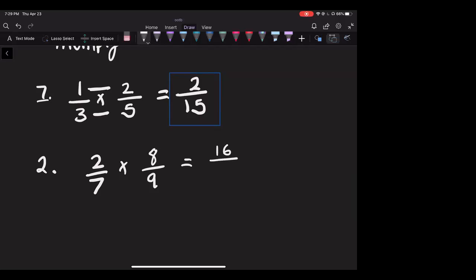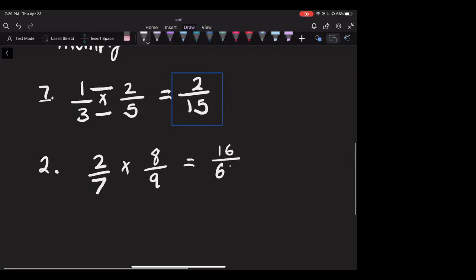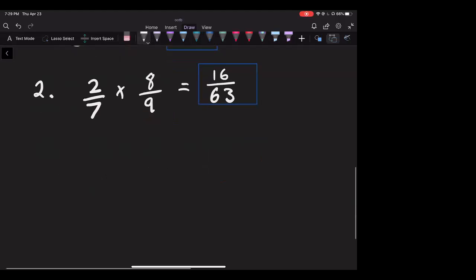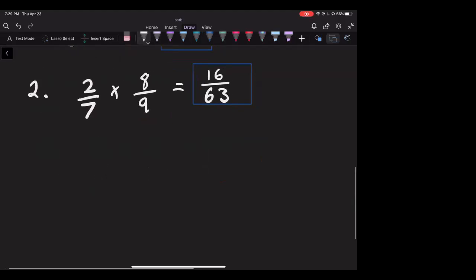No, not 56. Close. You're very, very close. 63. Can we simplify this? No, we can't. So is that our final answer? Yes. Good job. We'll do 2 more questions together, and then I'm going to give you questions to do.